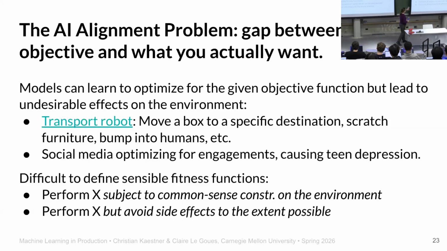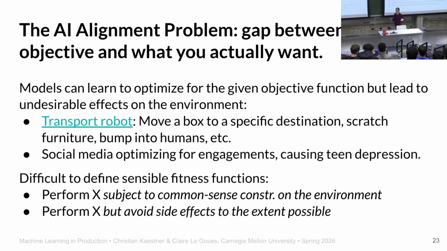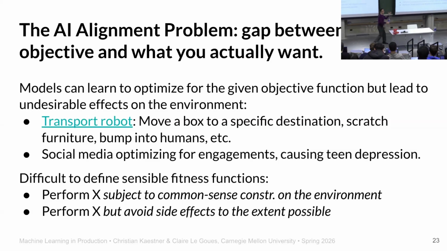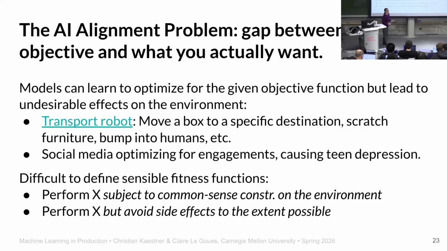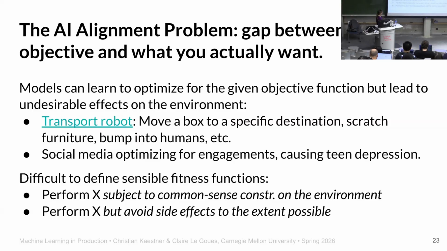There are videos of transport robots that can have bad side effects, right? It can hurt people or bump into things even if it gets to where it's going. All the way up to social media timeline optimization that optimizes for engagement but leads to teenage depression in a systemic way, right? There's a gap between what we've specified and the quality of what comes out. There are negative externalities, if you want to take the economic analogy.